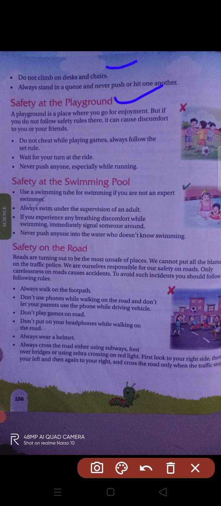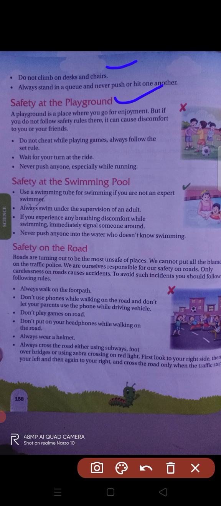And coming to the playgrounds, a playground is a place where you go to enjoy, but if you do not follow the safety rules, it can cause discomfort to you and your friends. As the name suggests, we go to the playground to play and enjoy.